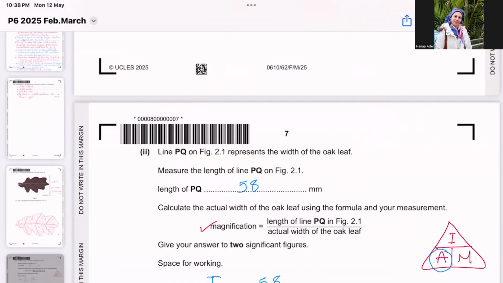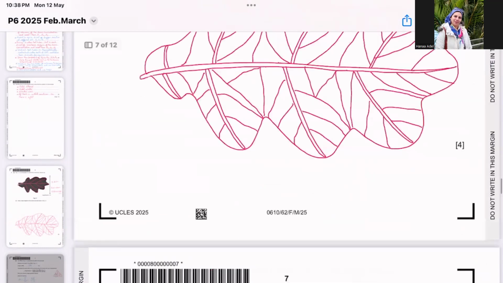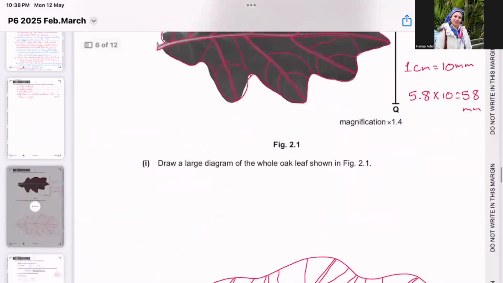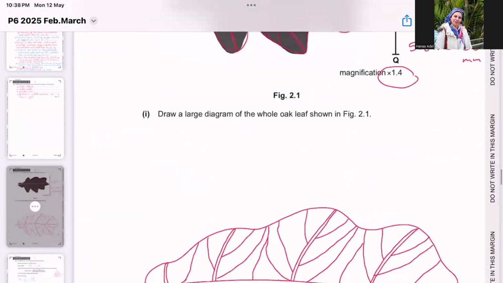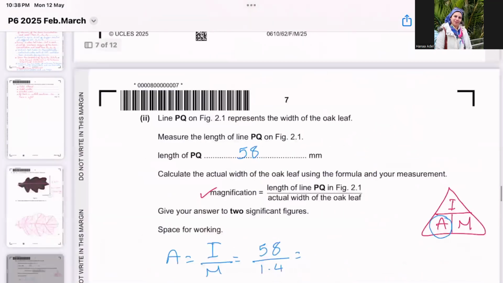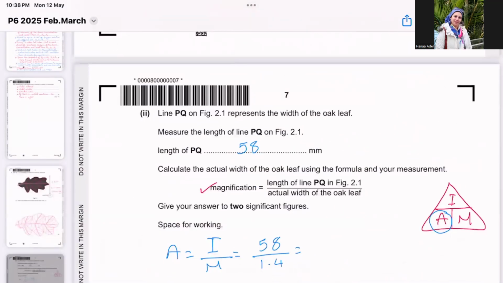So I divided by M, I, which is the length of PQ that we measured, and divided by the magnification power. We can find it below the figure. This is 1.4. So we have 58 divided by 1.4, and they needed two significant figures, so it will be 41.